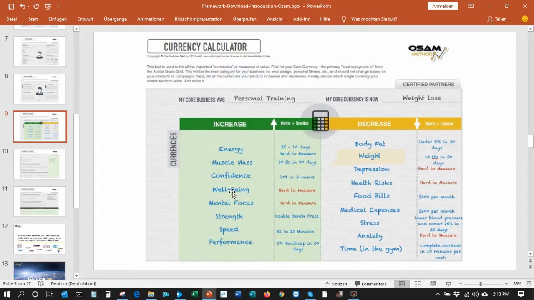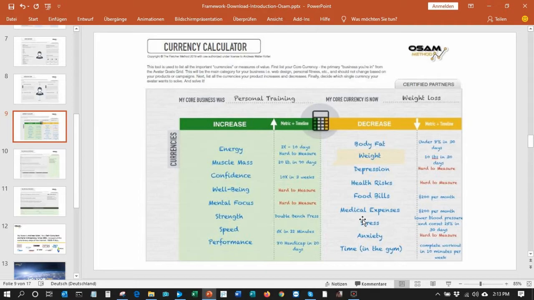So in this example of weight loss, we might increase energy, muscle mass, confidence. I think you see the picture. On the other side, we will decrease body fat, weight, depression, health risks, food bills, and many things more. So that's the first step you do.